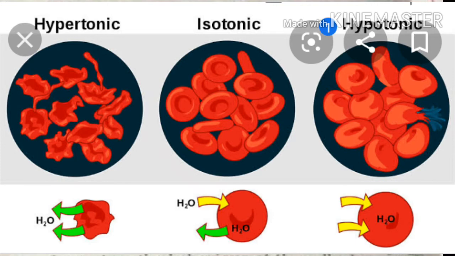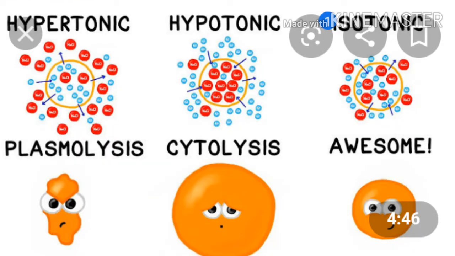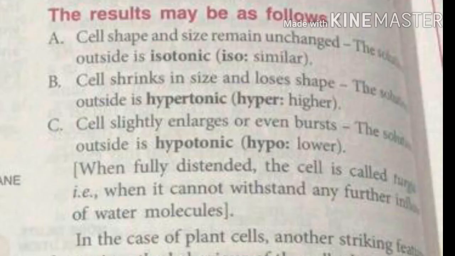In setup 2, the content of the RBC is hypertonic as compared to the surrounding solution. Water molecules move from hypotonic to hypertonic solution. The RBC swells up or even may burst due to endosmosis. And in the third setup, the RBC shrinks due to exosmosis because the content of the RBC is hypotonic as compared to the surrounding solution.